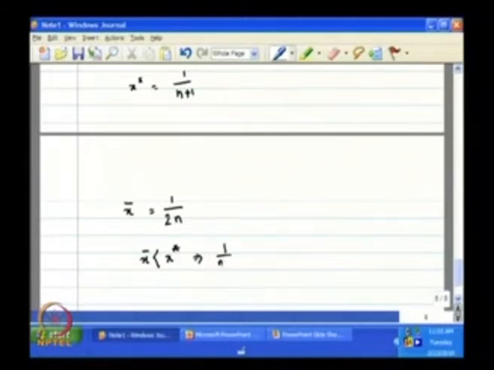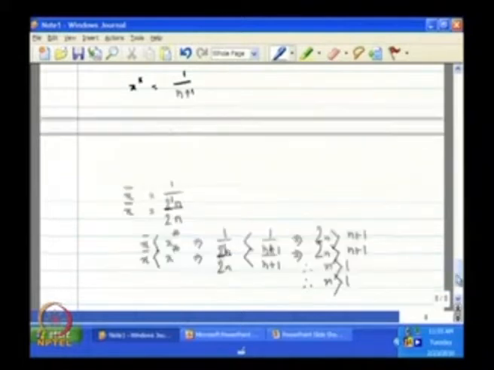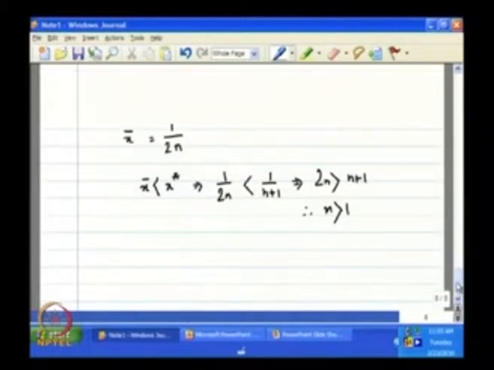If this is true, then this must be true, which means that 2n is greater than n plus 1, which means n is greater than 1, and which is true. The number of firms in this model has to be greater than 1, because if it is equal to 1, the model loses its very core, that there are firms which take decisions interdependently.